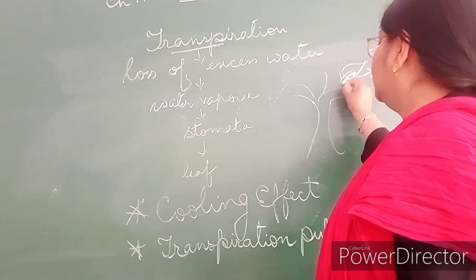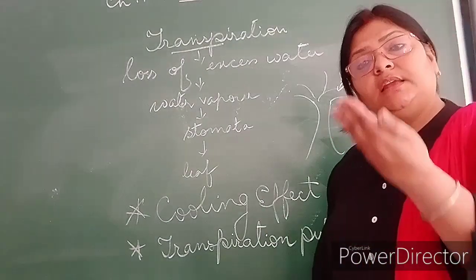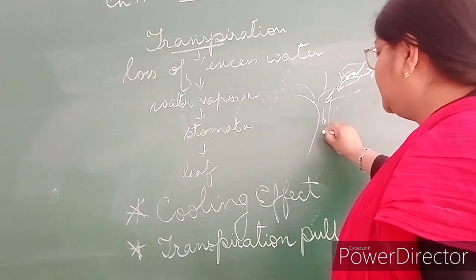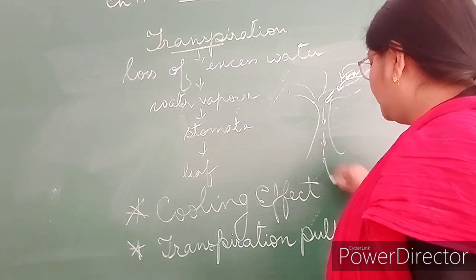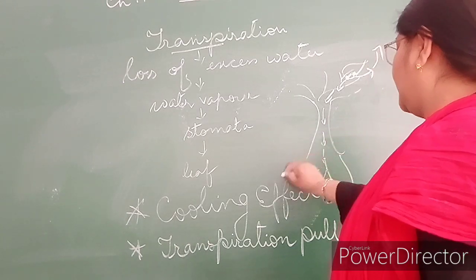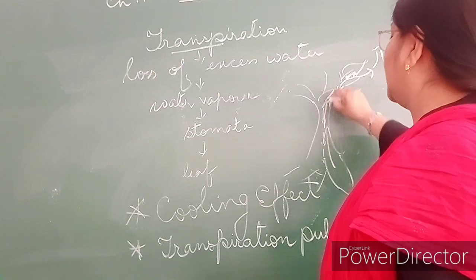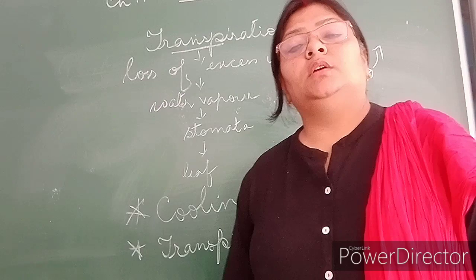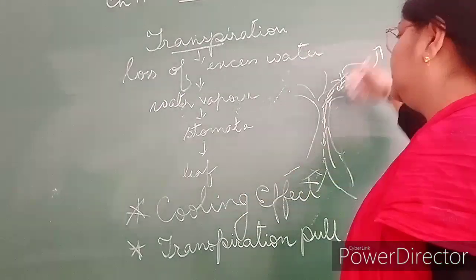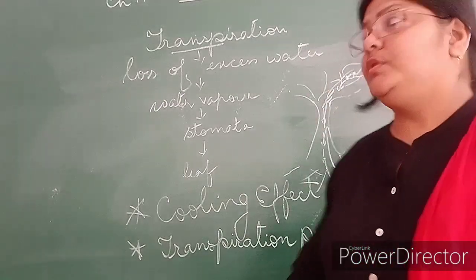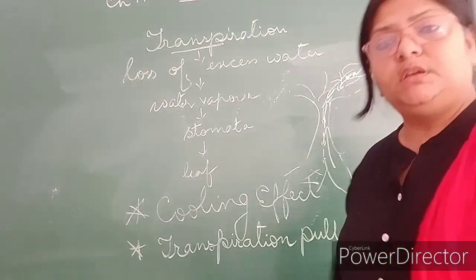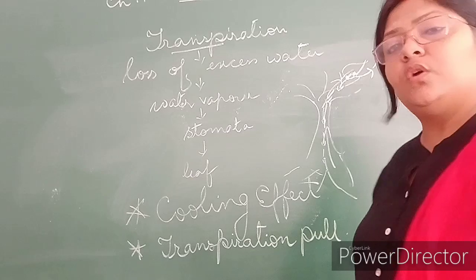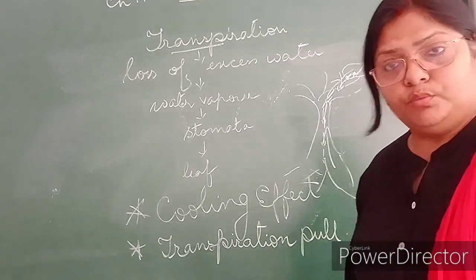That cell in turn will pull water from the cell adjacent to that. This is how a suction pull is created, because of which, right from the roots, the water starts going up. This suction pull, created because of the loss of water from the stomata, is a force called transpirational pull.